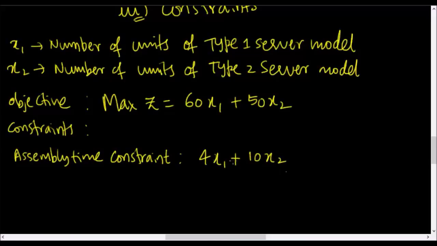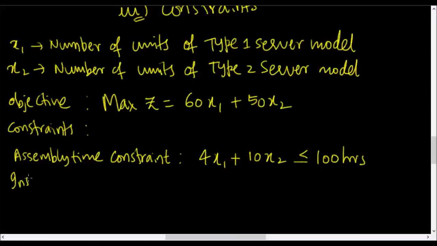This is the total time taken to produce x1 and x2 units, which cannot cross the 100 hours available in the assembly section.